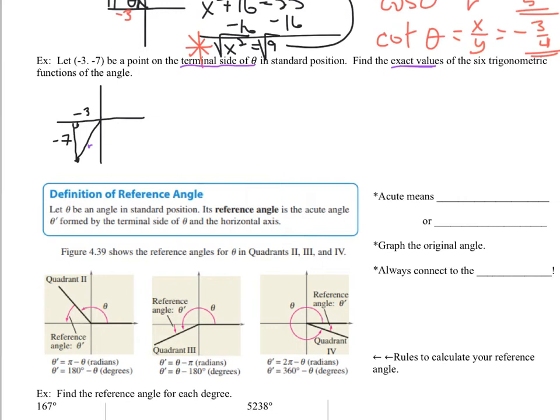If we do a squared plus b squared equals c squared, or in this case, x squared plus y squared equals r squared, -3 squared is 9, -7 squared is +49. Notice both of them are positive. 9 plus 49 is 58. Oh, it's not a perfect square this time. That's a bummer.